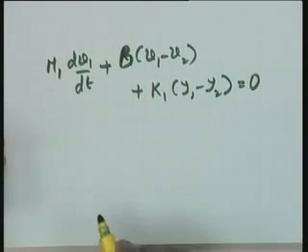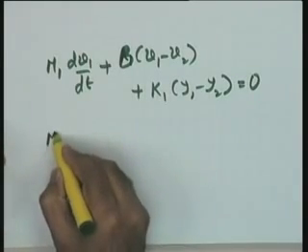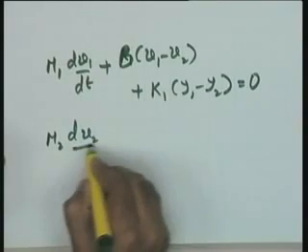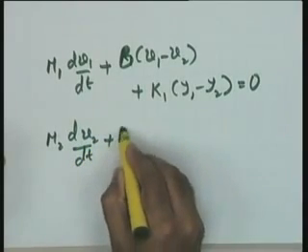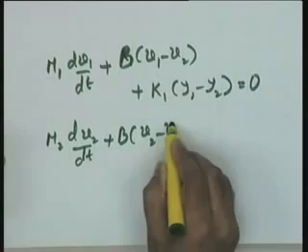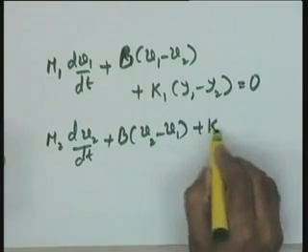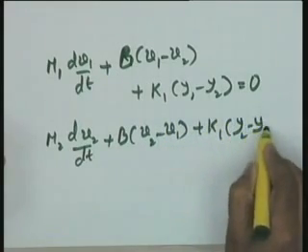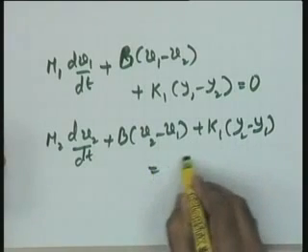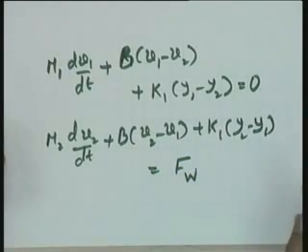The second equation will be, well, m2 dv2 by dt plus b(v2 minus v1) plus k1(y2 minus y1), what else, equal to Fw. This becomes, did I miss anything?